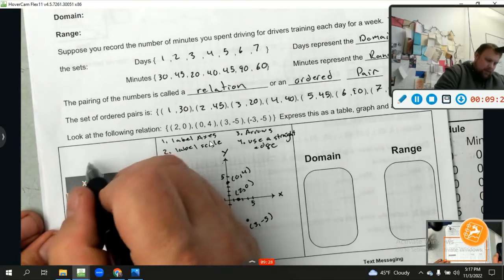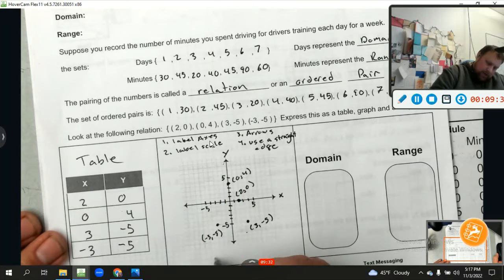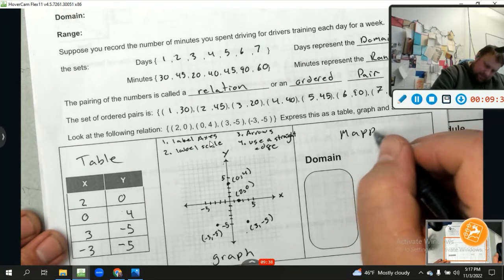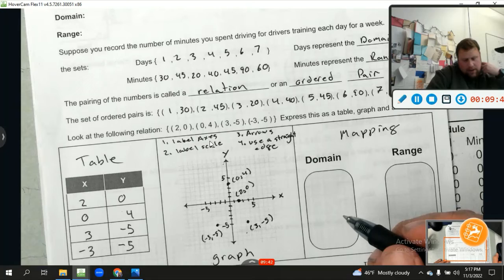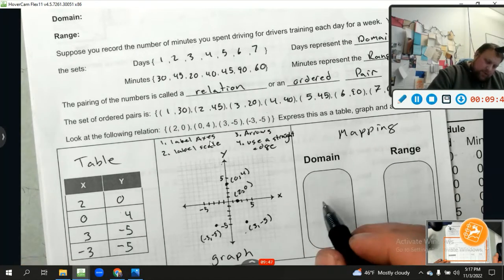So we have a table. Up here we have a graph. And the last, this is called mapping. Now mapping, we want to make sure and put it in order. So we're actually going to switch it up a little bit.